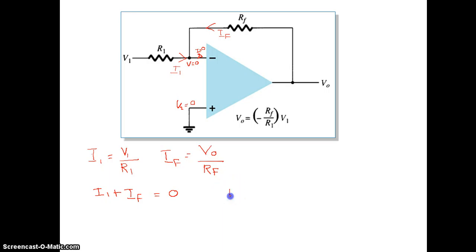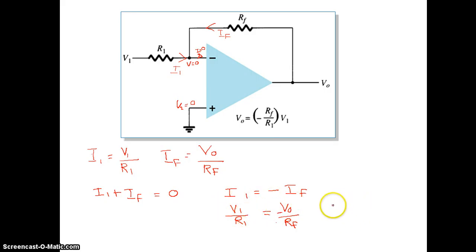Or I1 I can write as minus IF. And now we know what I1 and IF are. I1 is nothing but V1 divided by R1. IF is nothing but V out divided by RF, and this is minus. Here this is the output voltage, this is the input voltage.